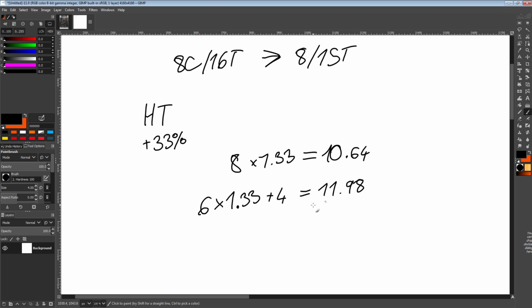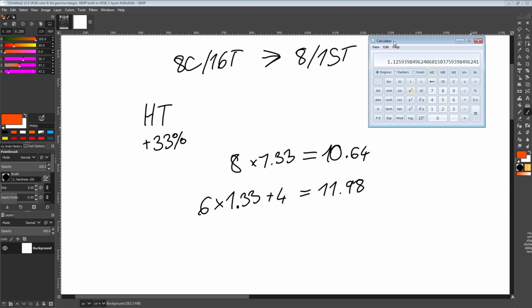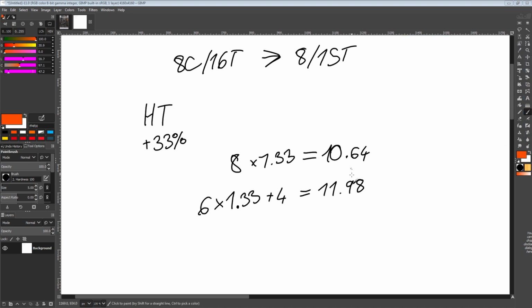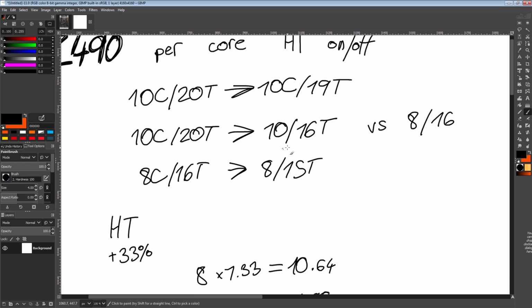And so in workloads that scale perfectly with hyperthreading, and there are potential weird things that could happen with the software that would throw this off, but 11.98 divided by 10.64, you get a 12.6% advantage in favor of this. So a 10900K running in 10 core, 16 thread mode should have a 12.6% performance advantage for something like 3DMark Vantage's CPU test, in theory.